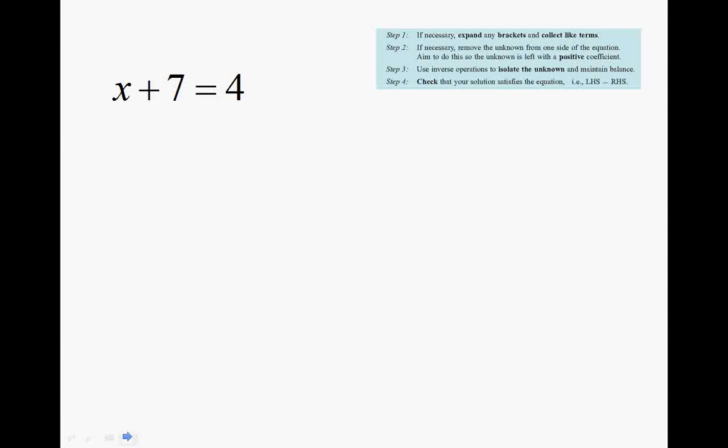Okay, so here's our first equation: x plus 7 equals 4. Step 1, if necessary, expand any brackets and collect like terms. That's not necessary, so step 1 is done. Step 2, if necessary, remove the unknown from one side of the equation. We only have it on one side, so step 2 is done. Step 3, use inverse operations to isolate the unknown and maintain balance. Remember, we do the order of operations in reverse order.